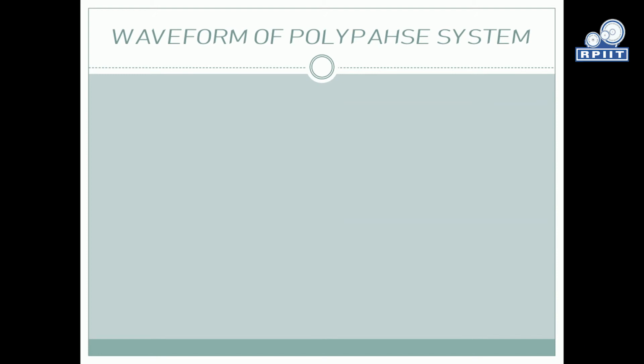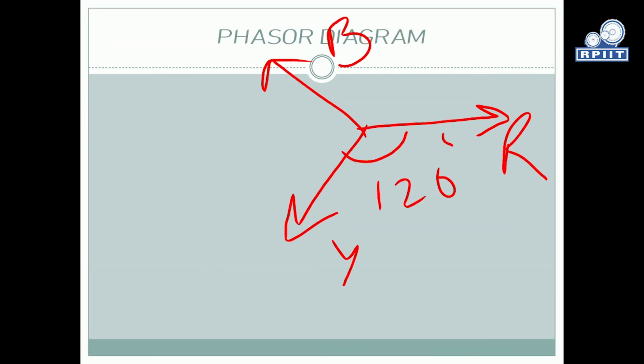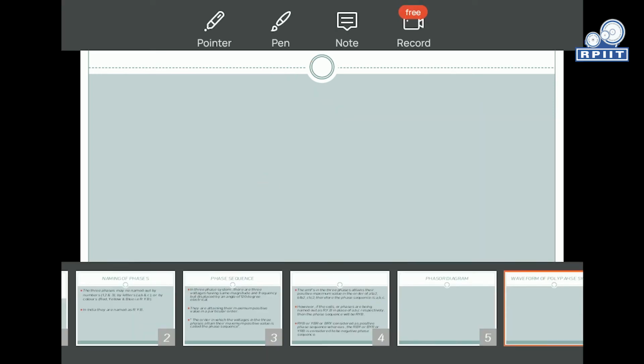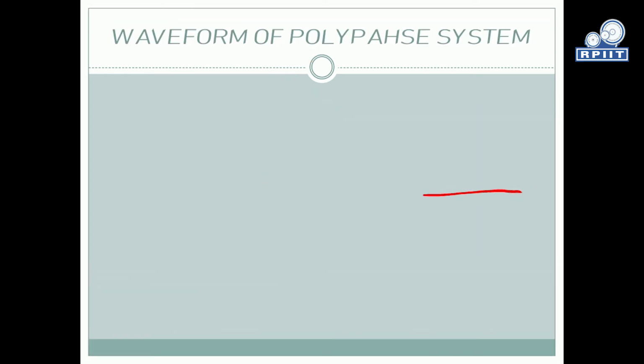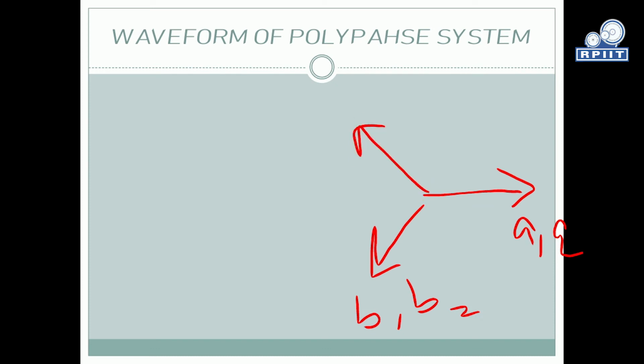So here we will plot the waveform of the three-phase system. With the help of the phasor diagram, we will plot, for example, phase A1, A2, phase B1, B2, and the third one phase C1 and C2.